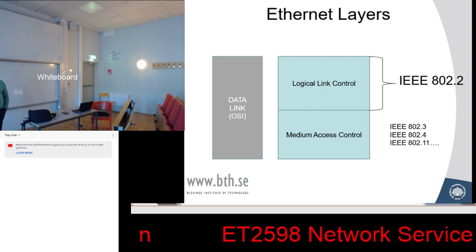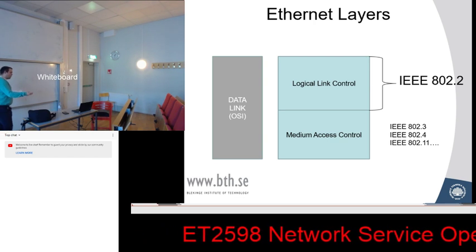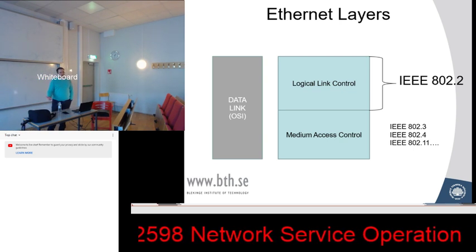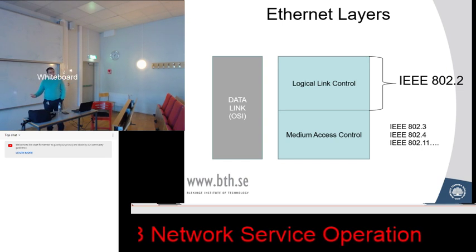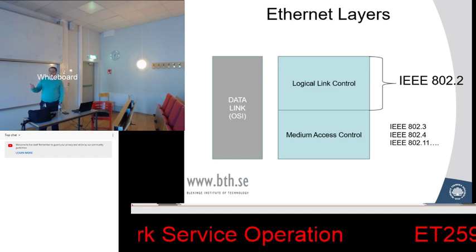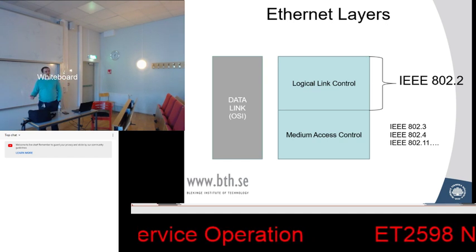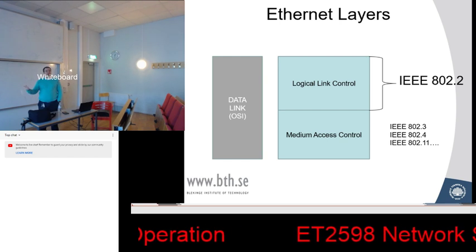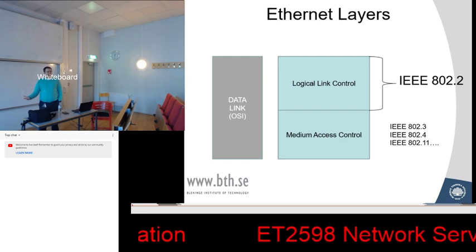As I said before, when Ethernet came about, there were a lot of other competing networking protocols or layer 2 protocols. At that point in time, we had Ethernet, we had token ring, and we had token bus.